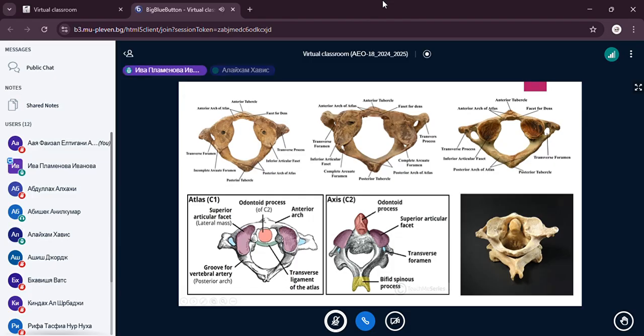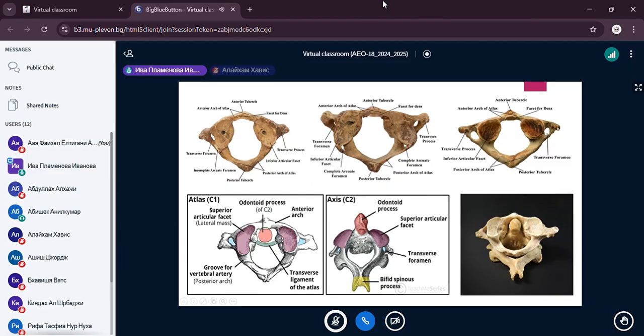Professor, does the C1 atlas vertebra have a spinous process? No, C1 doesn't have a spinous process. And doesn't have a body? Doesn't have a body and doesn't have a spinous process. Only the anterior arch, the posterior arch, and the two lateral masses.